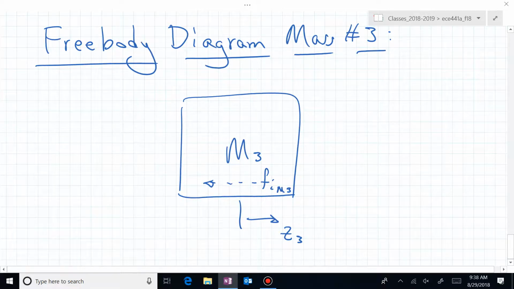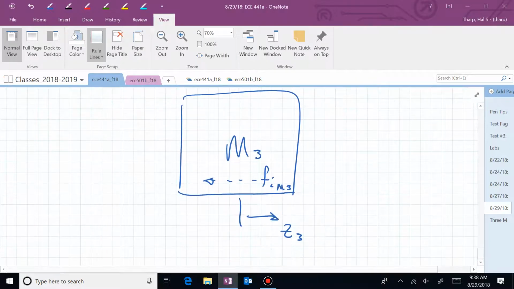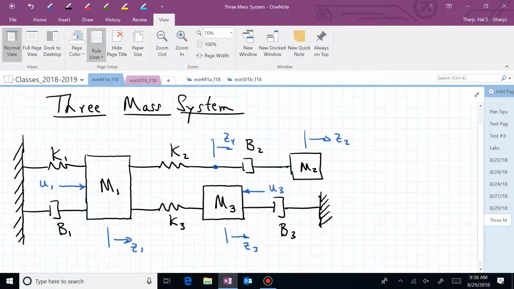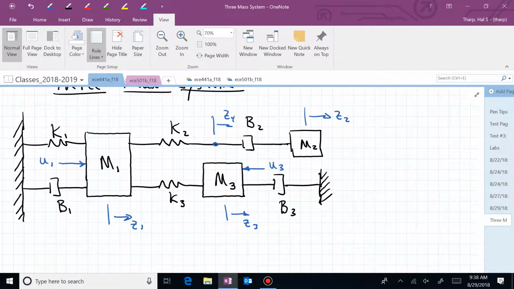And what else did I have in that particular mass 3? I have an externally applied force going to the left, and I have to make sure that it's going to the left. And I have a spring on the left.